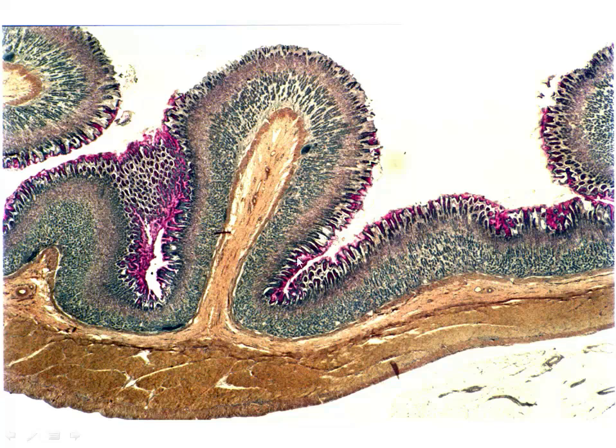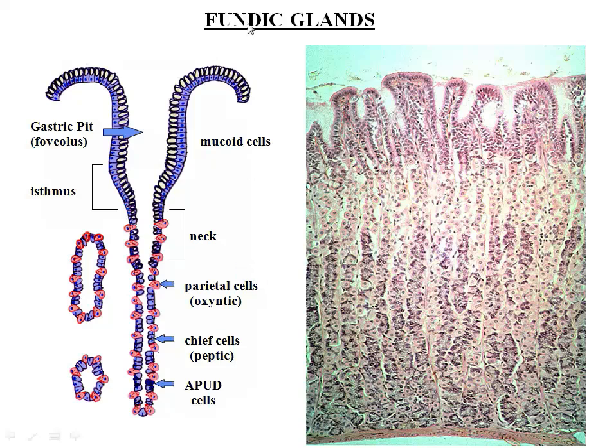In this location these are all gastric pits, and these portions are the major folds. If gastric glands are present in the fundic region, they are called fundic glands. The gastric pit has an opening portion, a neck portion and a stem portion, and the opening portion is lined with mucoid cells.